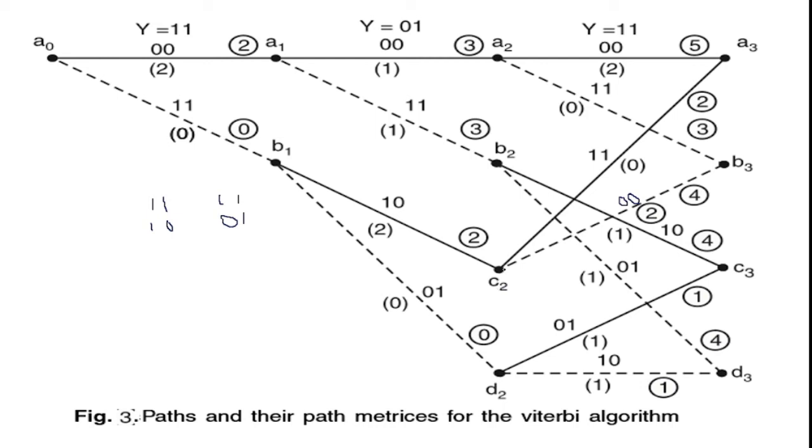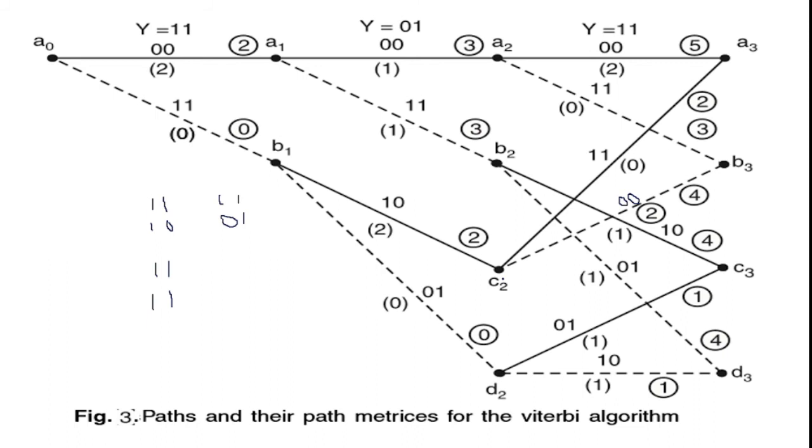So now what are the received signals? The received signals are 1 1 0 0. Now comparing the difference between the received signal and the encoded signal. The received signal is 1 1 and the encoded signal is 1 1. Both the elements are same, so the branch metric of C2 to A3 is 0.